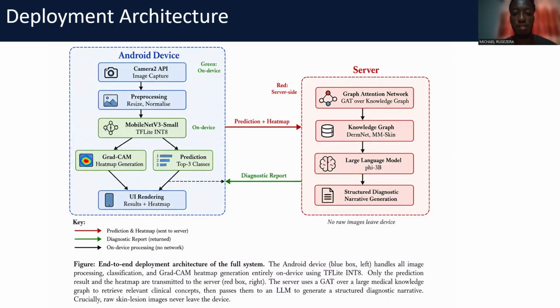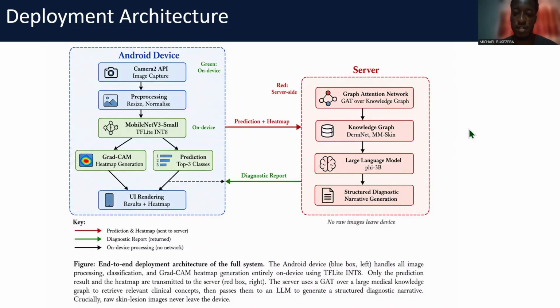This structured knowledge is then passed to the large language model, which is Phi3B, which synthesizes it into a human readable diagnostic narrative. And then the final report is returned to the device and displayed alongside the prediction and heat map. This gives the clinical team or the person rendering the image both the visual representation and also a text that rationalizes how we reached here. Important thing to note, the images never leave the device.